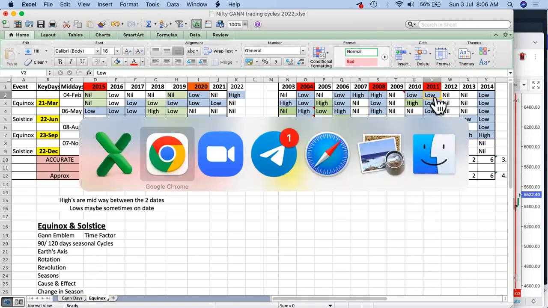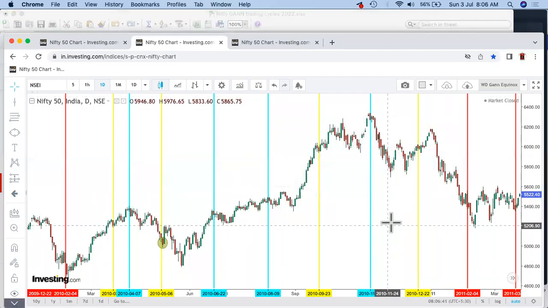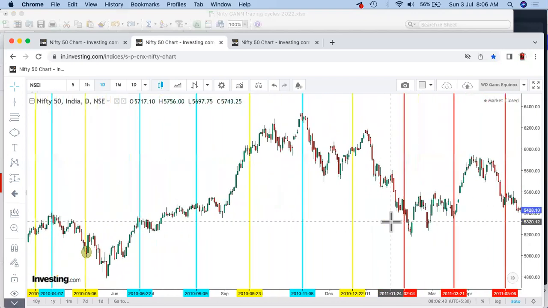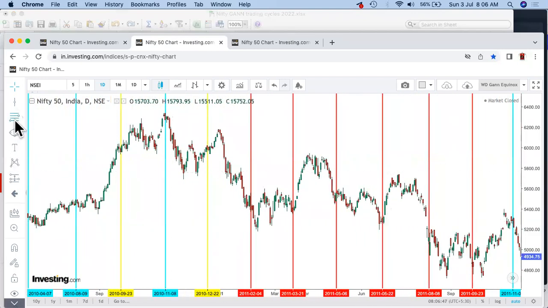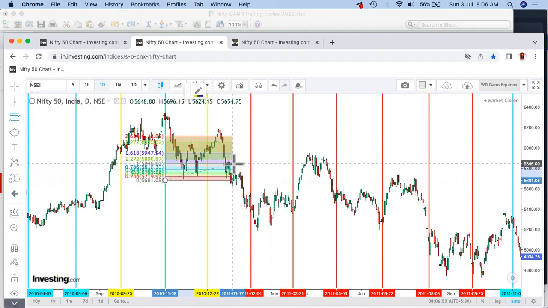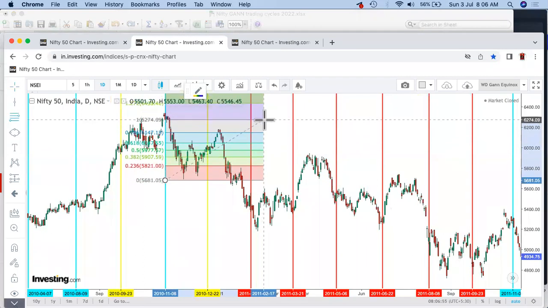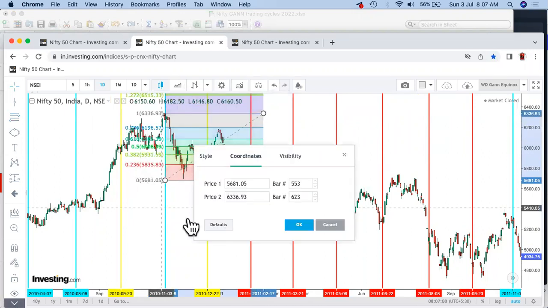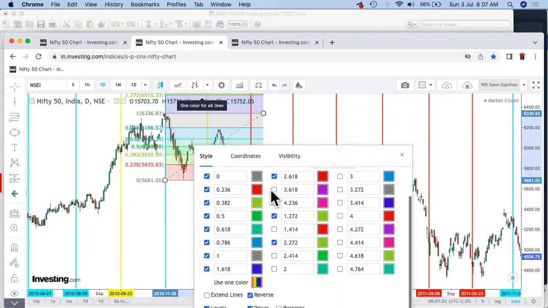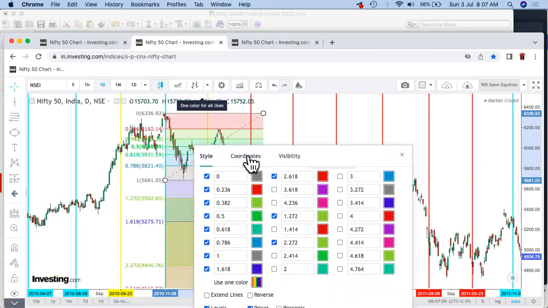Let's jump across to 2011. Right. I'll do one more thing. I'll just draw a small Fibonacci. So I know I have to just reverse that. I'll do that.